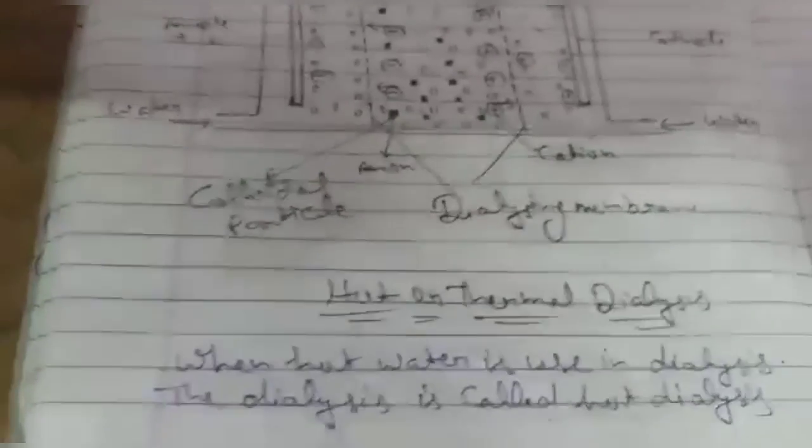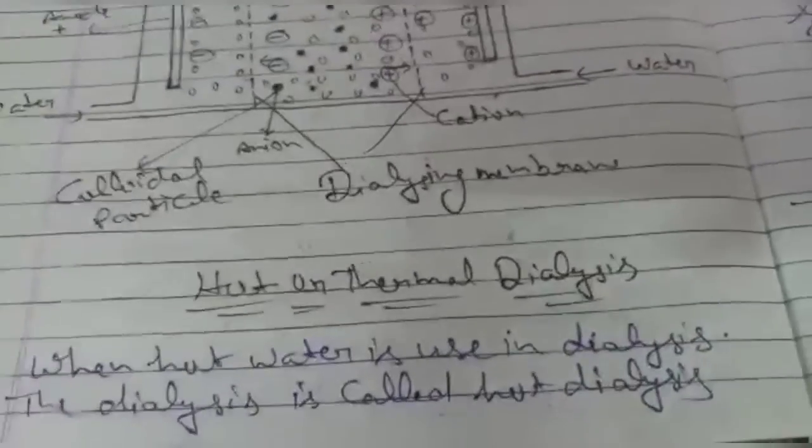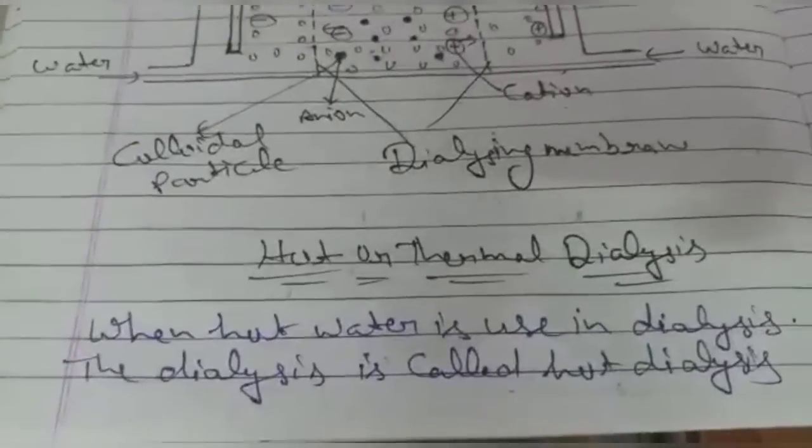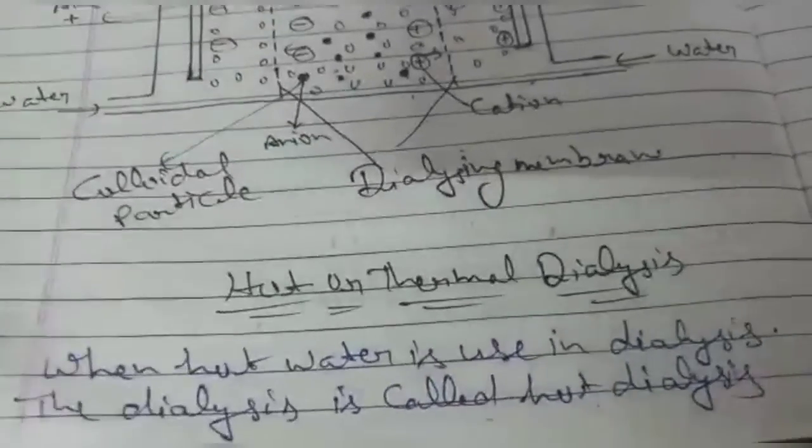This is called electrodialysis. Hot or thermal dialysis: when hot water is used in the dialysis process, it's called thermal dialysis or hot dialysis. Our next topic is ultrafiltration.